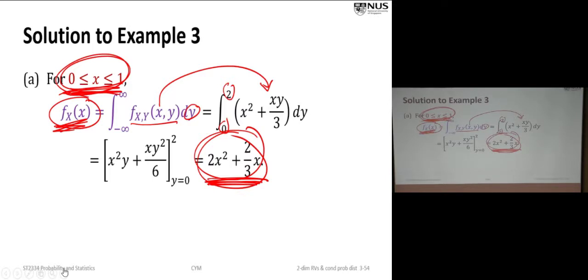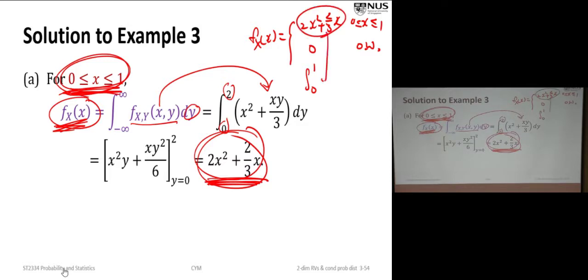So in other words, f of x is equal to this expression when x is between 0 and 1, and 0 otherwise. So in other words, integrating this expression over x from 0 to 1 should equal 1. Outside that range, f of x is 0.